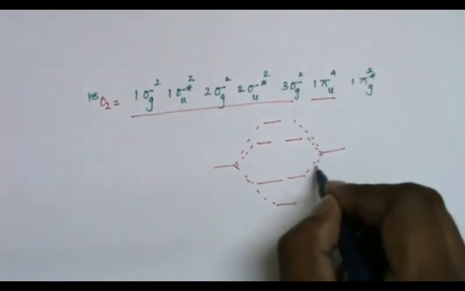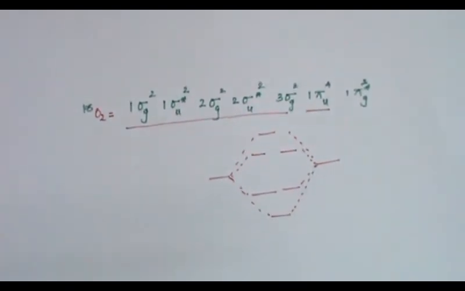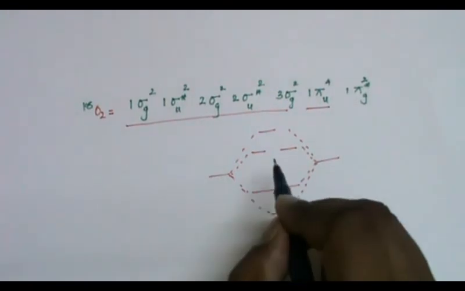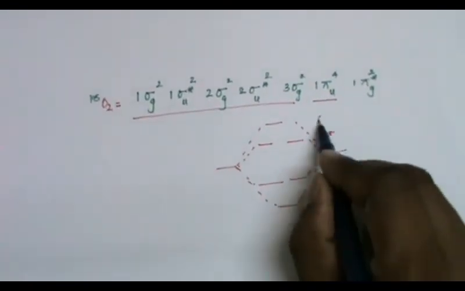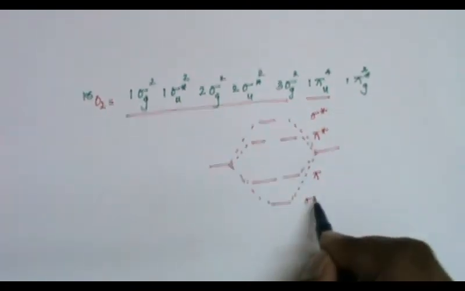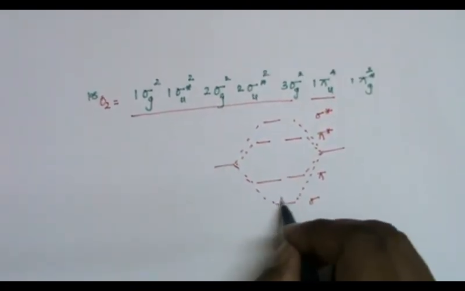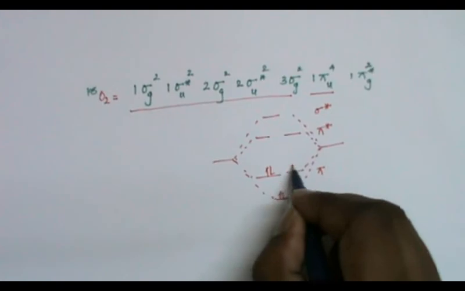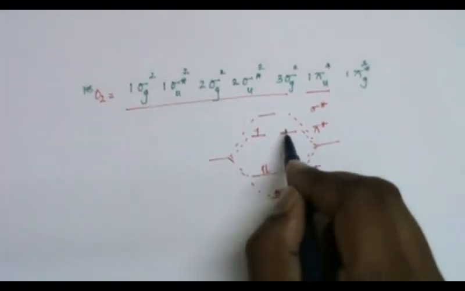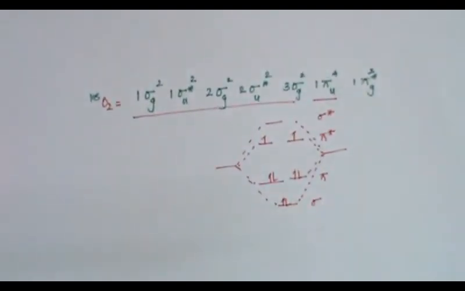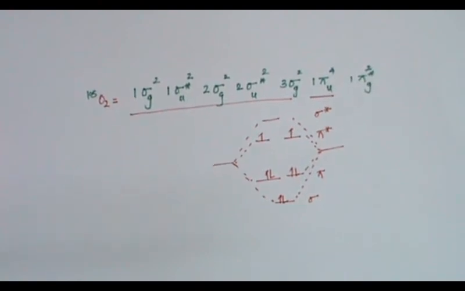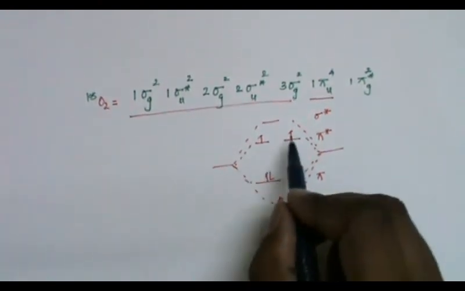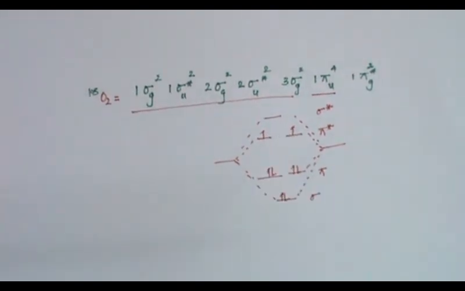I go for only the outermost orbital. So this is pi, this pi star, sigma star, sigma. I have 2 electrons here. Now I have electrons like this. How to give the term symbol? The electrons are in pi orbital.